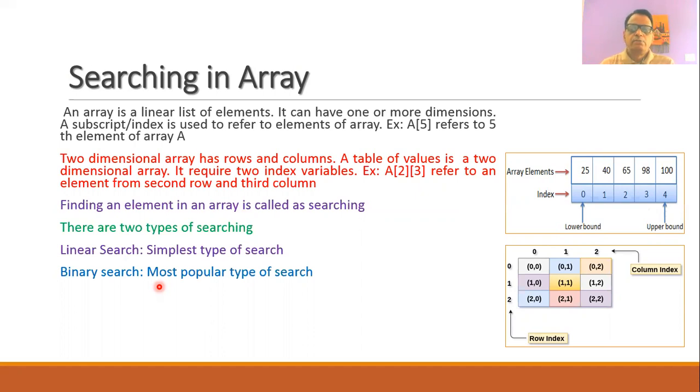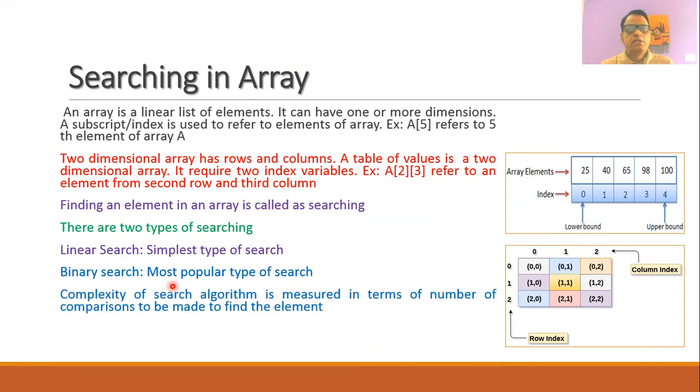Binary search is very popular because the number of comparisons required is much less. The complexity of a search algorithm is measured in terms of the number of comparisons. If you need to perform more comparisons, then the complexity will be more, and if you need fewer comparisons, then the complexity of the algorithm will be less.